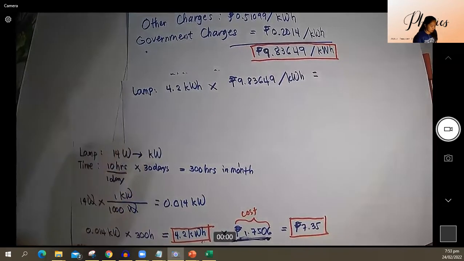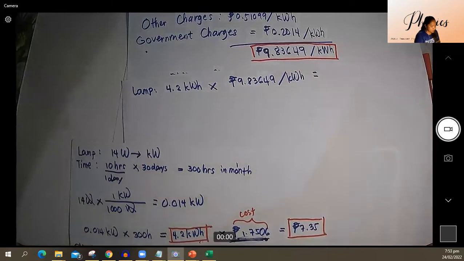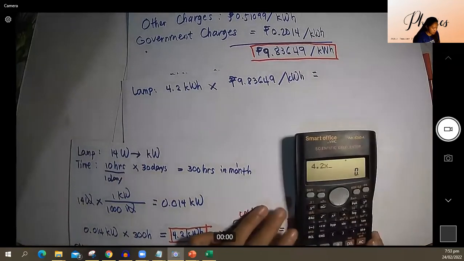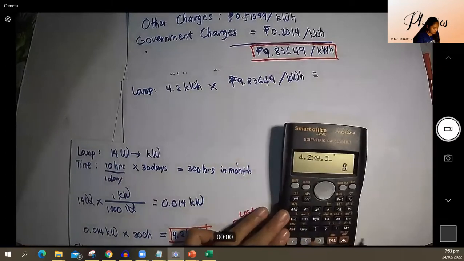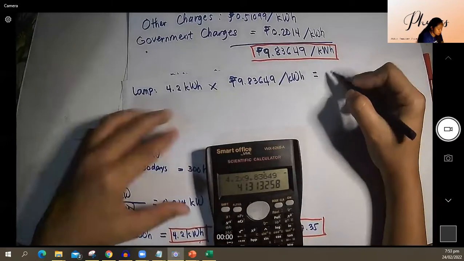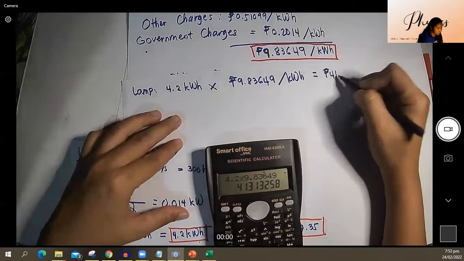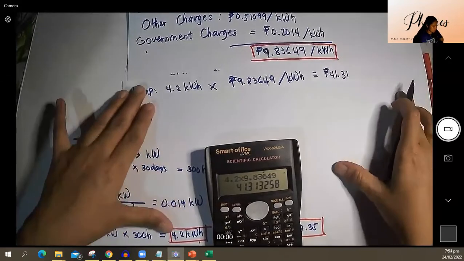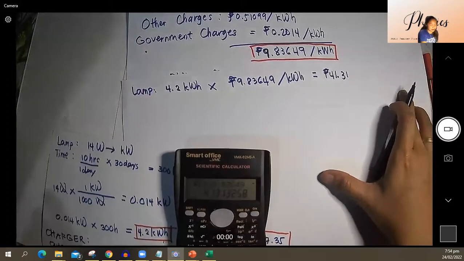So 4.2 times 9.83649 will give us 41.31. Let's just round it off to the nearest second decimal place.